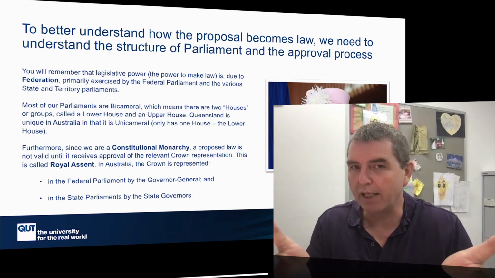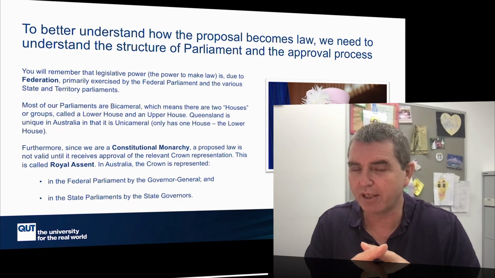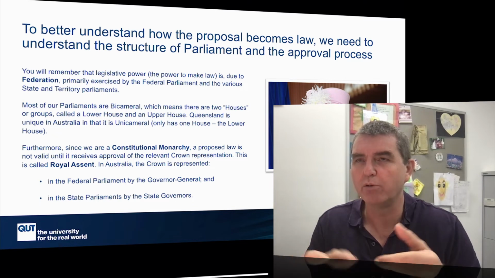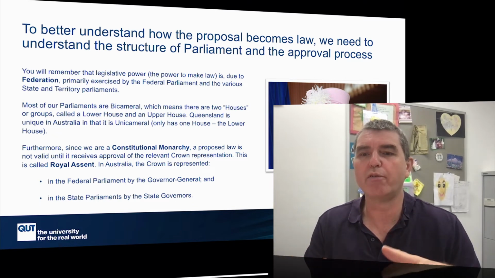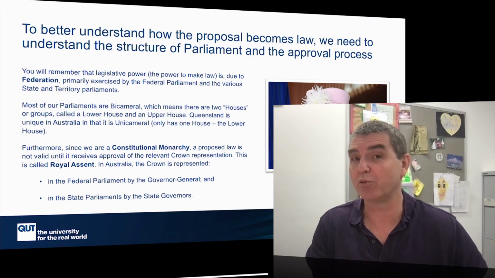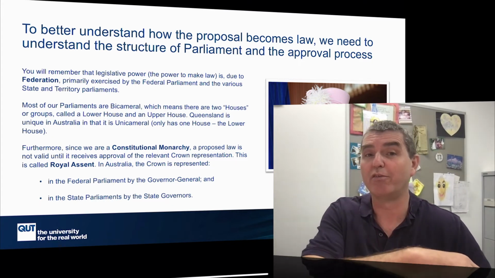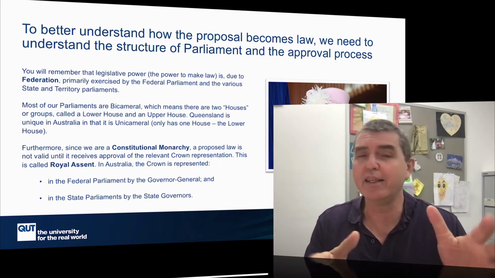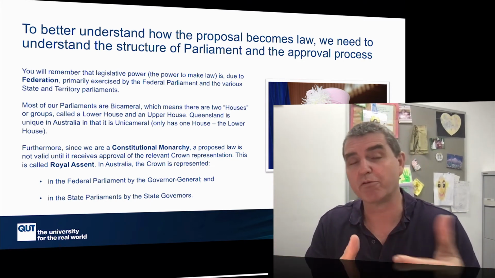When we federated and the colonies came together to form the nation, what you could have been a little bit worried about is that if we only had one vote, one value, then all of the states that had the most people would make laws that were good for them. So the laws would be made with a concentration on, say, New South Wales and Victoria, at the expense of all of the other states, Queensland, Western Australia, etc. And these states might have different needs, different priorities.